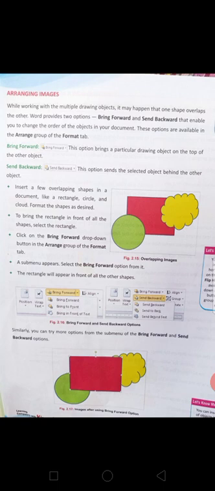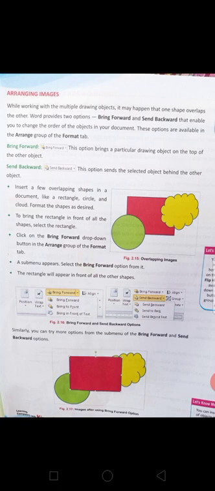Bring Forward: if you give it to any object, it will come on the top. Send Backward: in this if you give it to another object, it will go in the back of the first. How to do it? Insert a few overlapping shapes in a document like a rectangle, circles and a cloud. Format the shapes as desired.